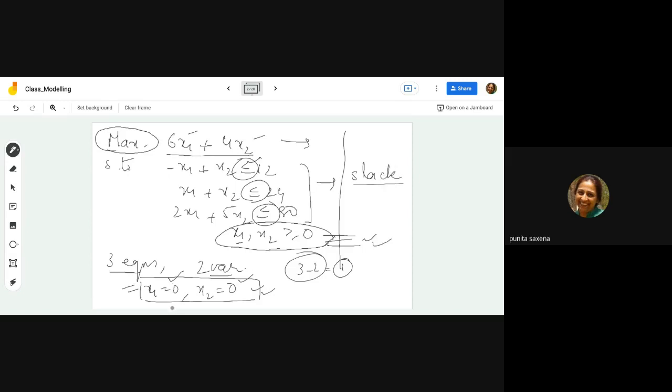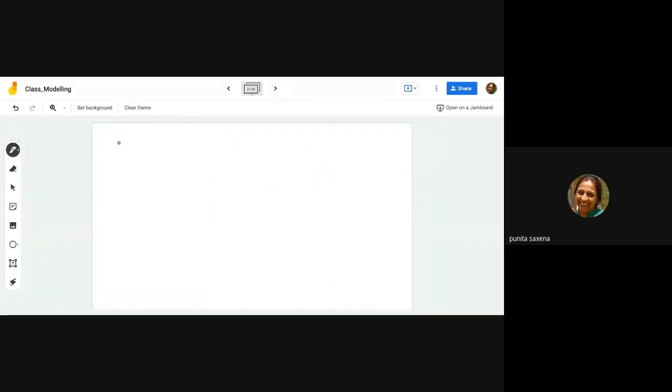And not just this, when x1 is 0, x2 is 0, what is the value of the objective function? Obviously 0. So that becomes the value of the objective function at this particular extreme point. In other words, this is one solution at which the value of the objective function is 0.